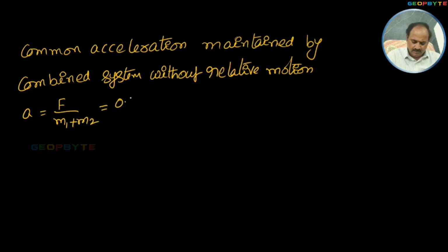The total force is given as 0.5. m1 is 1 plus m2 is 2, so A equal to 0.5 by 3 meter per second square.